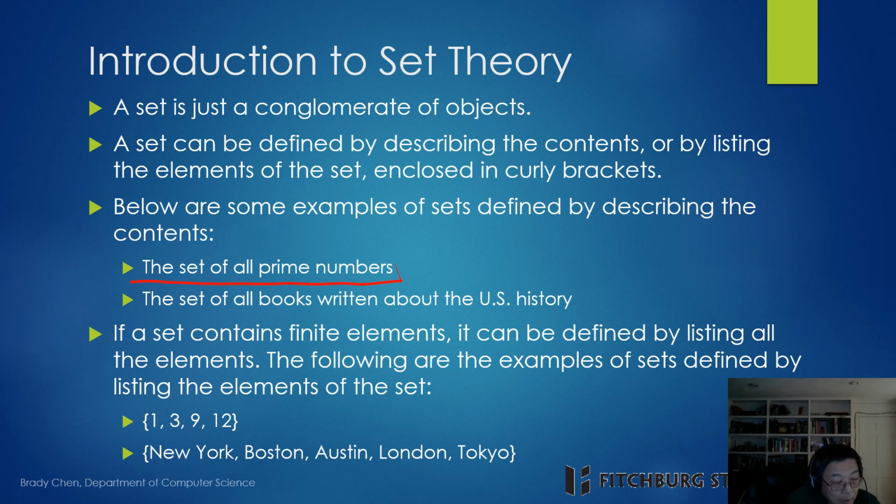A prime number is a number that can be divided by either 1 or itself. Another example is the set of all books written about US history. So you can define these two sets using the first approach, by describing the contents.